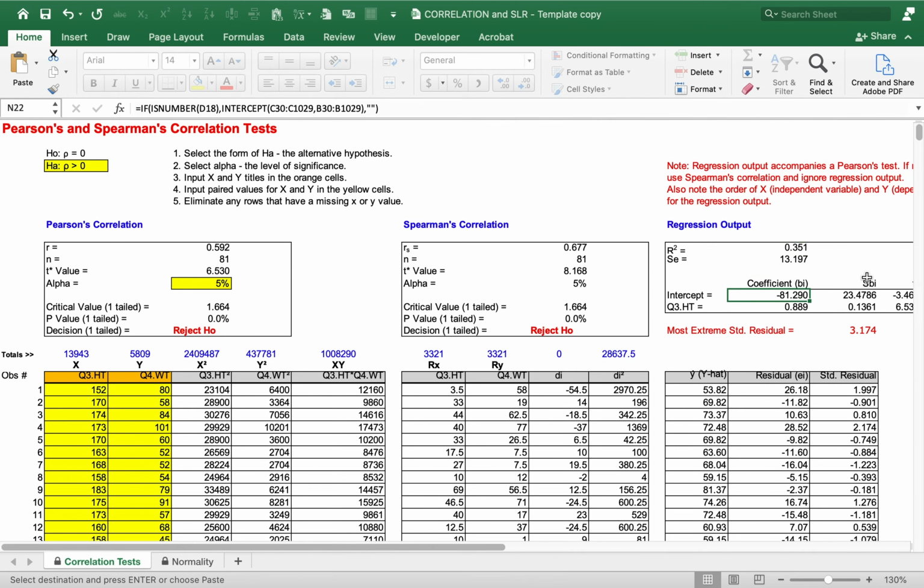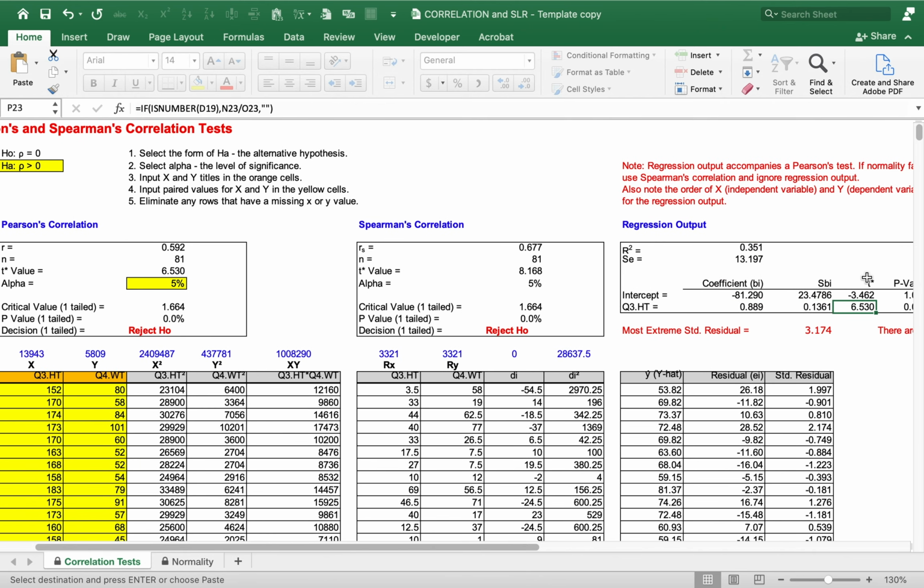So that's also interesting as well. And then the other thing too is that the t star value for the simple linear regression turns out to be the same as the t star here for the Pearson. So we're really talking basically the same animal here, but the nice thing about the regression output is not only does it show you that there is a significant positive correlation, right?